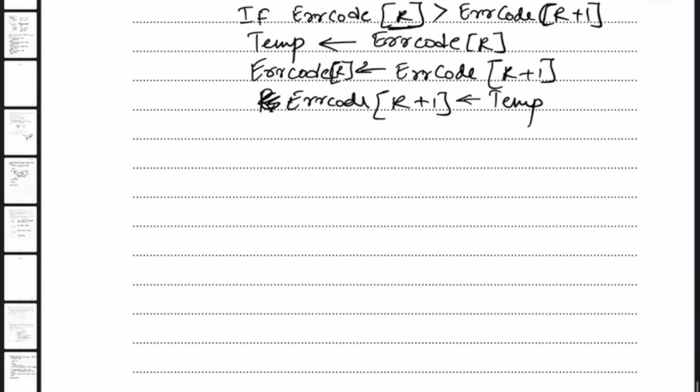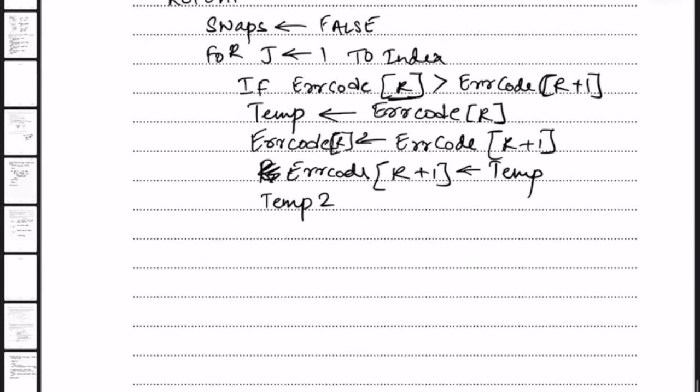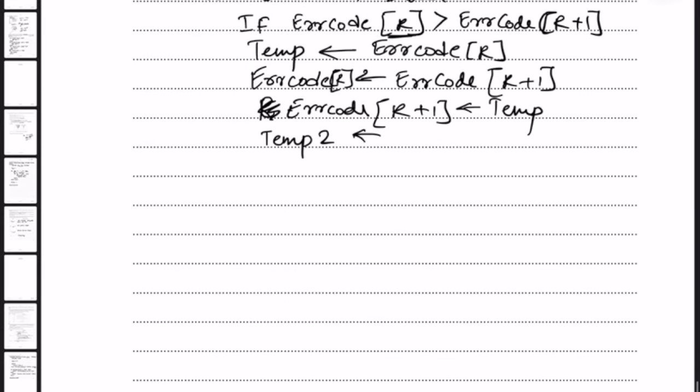Moving on. So we have to look at temp 2, switch that as well. So same way. Instead of error code, we're doing error text now.